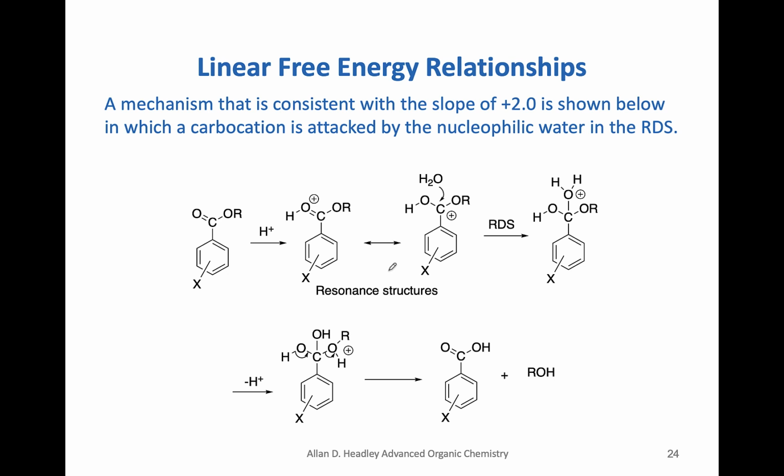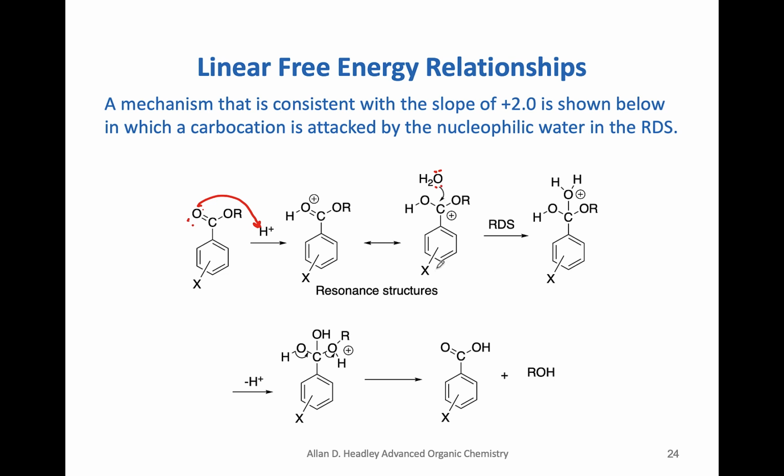So let's look at this one. So here, if we have again these electrons attacking to create that, and now if this becomes the rate determining step, here the slope would be positive, because we have electrons coming into this carbon.